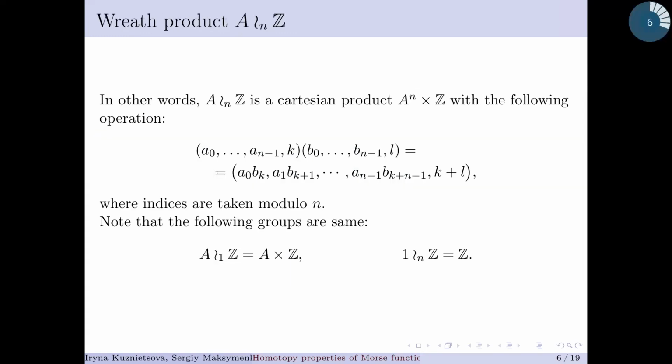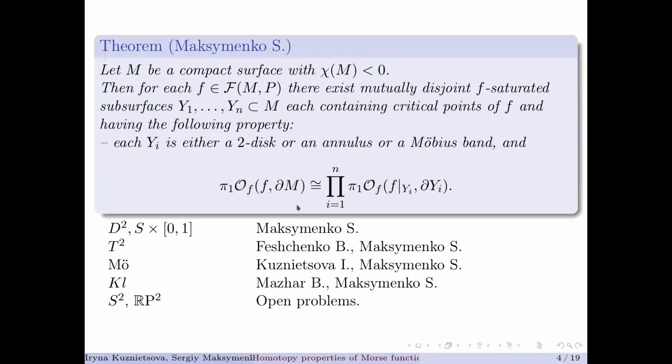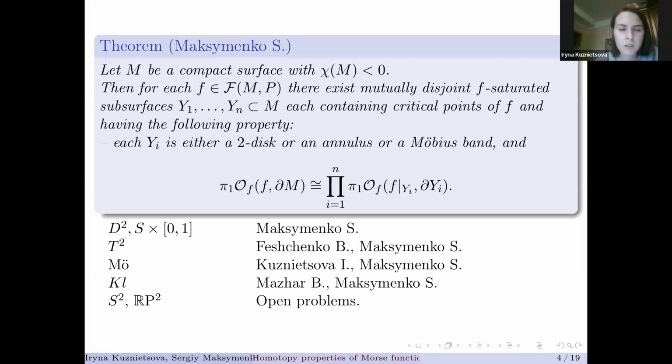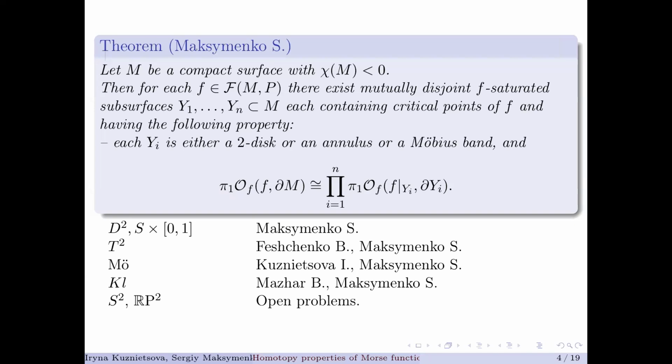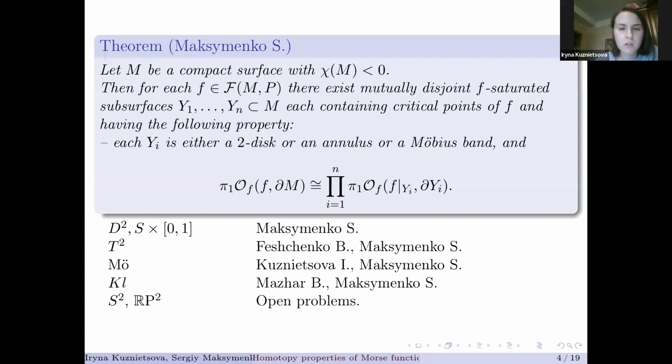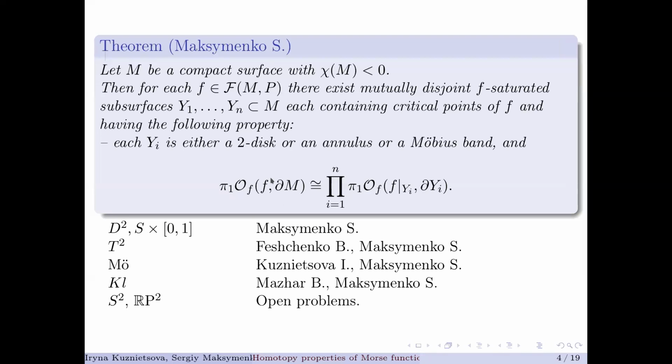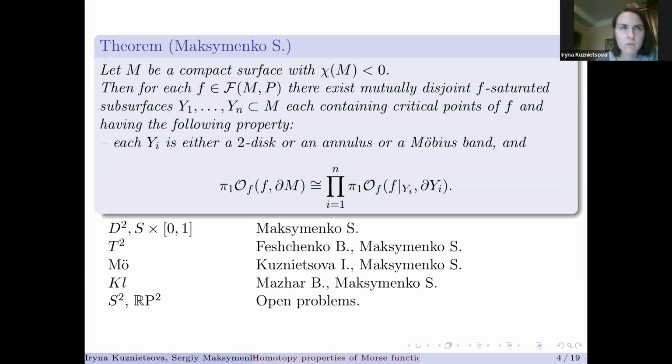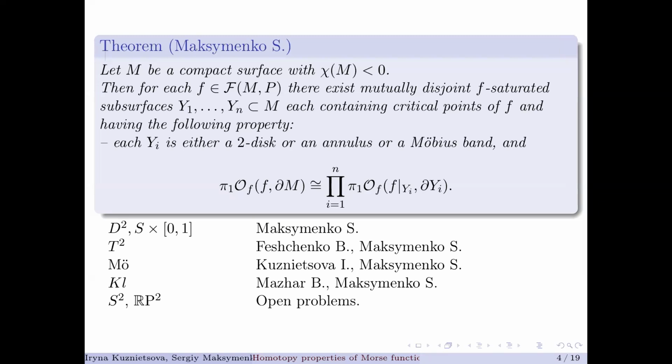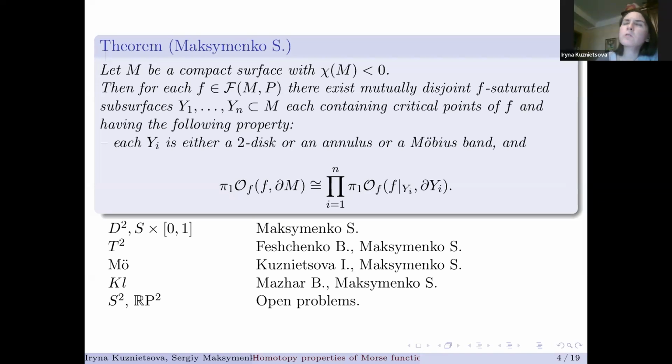I want to know, are there any studies on homotopy types of smooth functions which may have non-isolated singularities, such as Morse-Bott functions? Related studies? I didn't work with it, and I'm not sure. Maybe there are some results on this, but it's not connected with this topic.